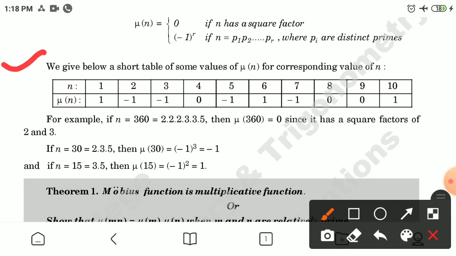We give below a short table of some values of mu(n) for corresponding values of n.